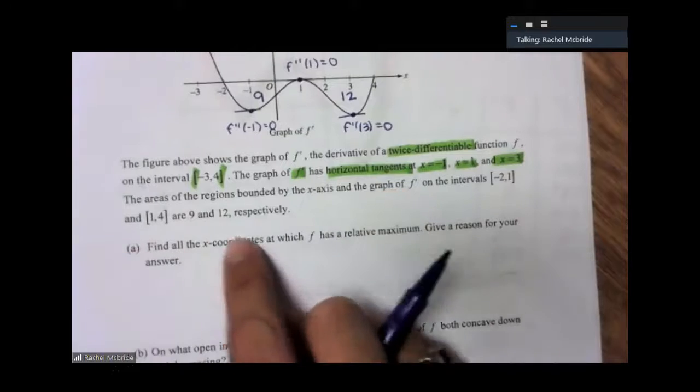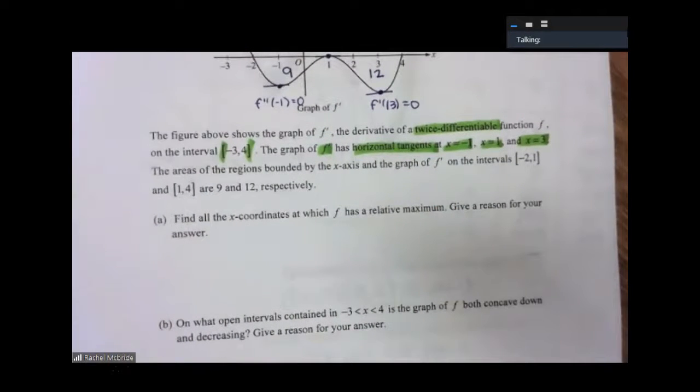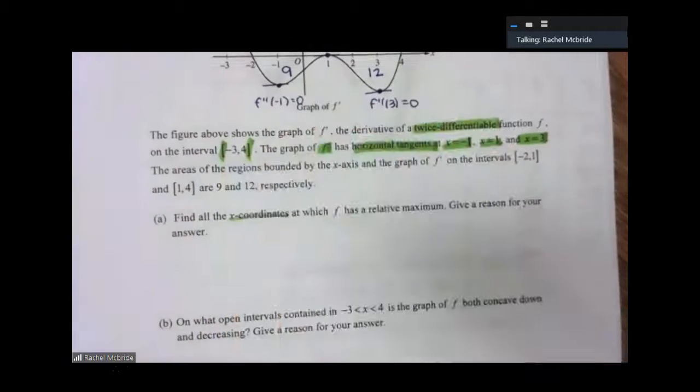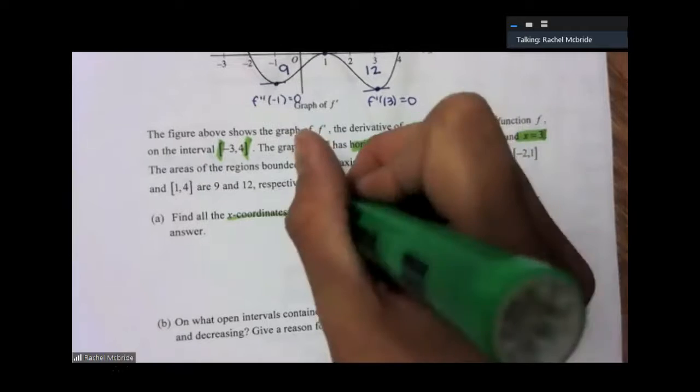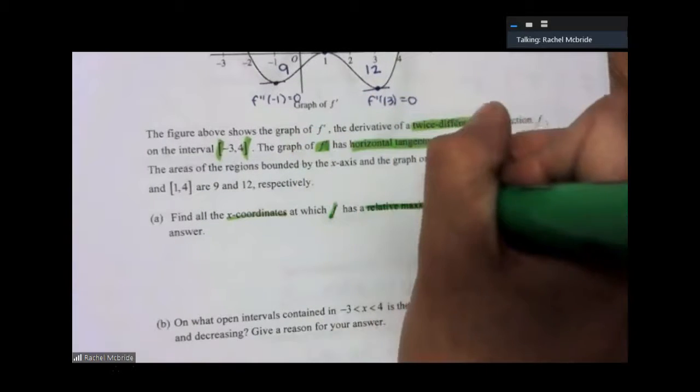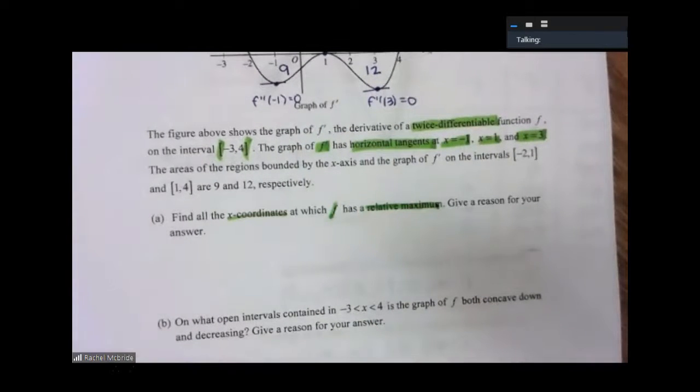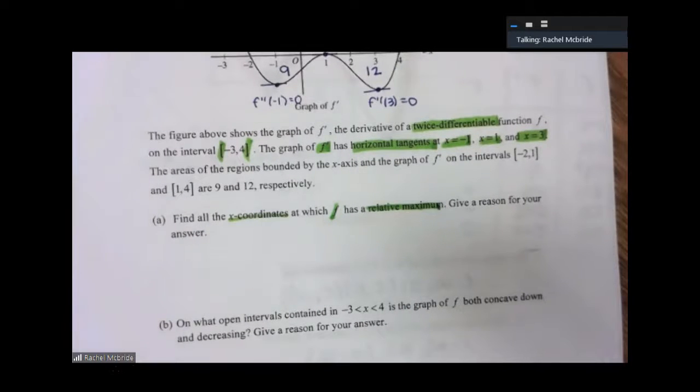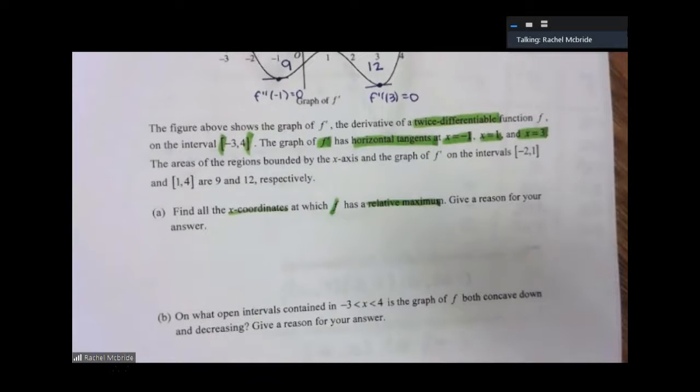Now let's read what part A wants me to do. Find all the x coordinates, so I don't have to find the y's, at which f has a rel max. So thinking back to what we just said, there's a relative max when the derivative is equal to 0 and goes from positive to negative.